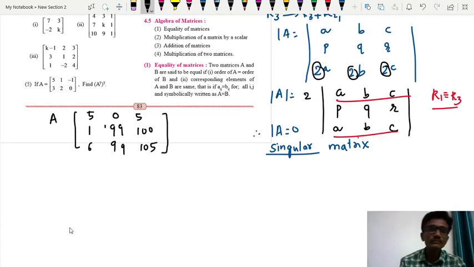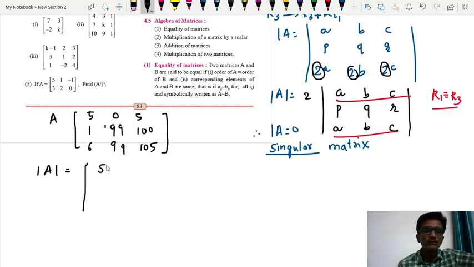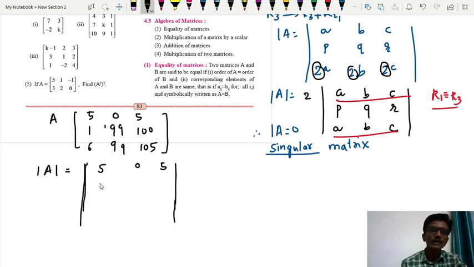So the determinant of this matrix will be what? See here, the determinant of the matrix is 505, 199, 100, 699, 105.